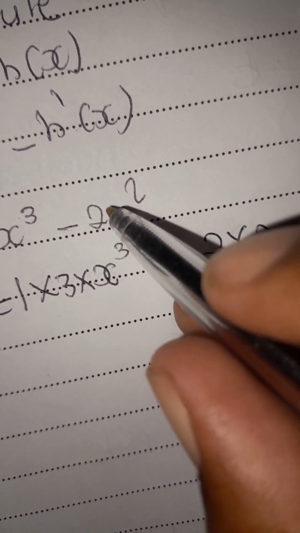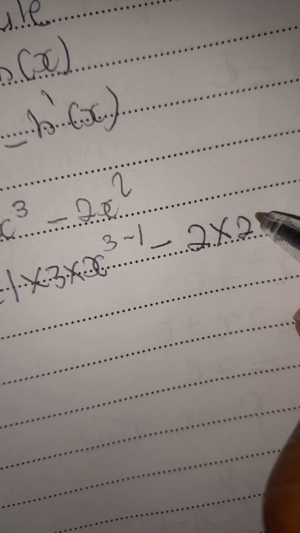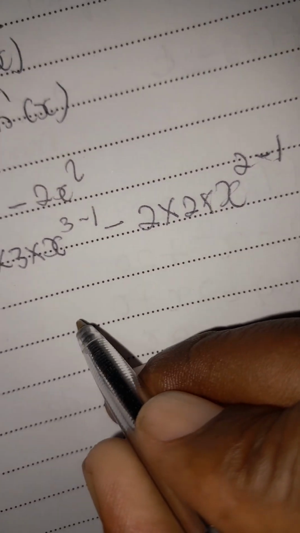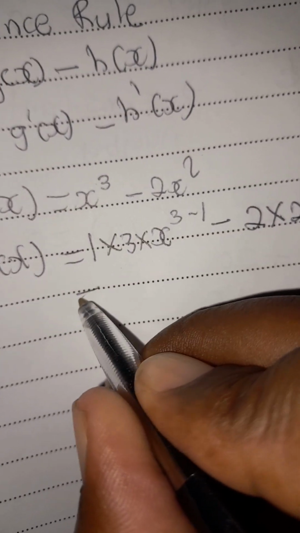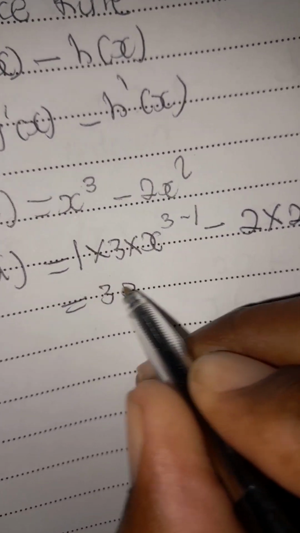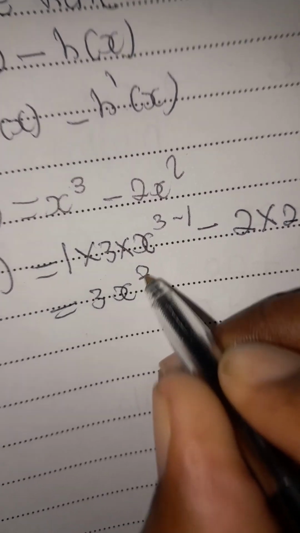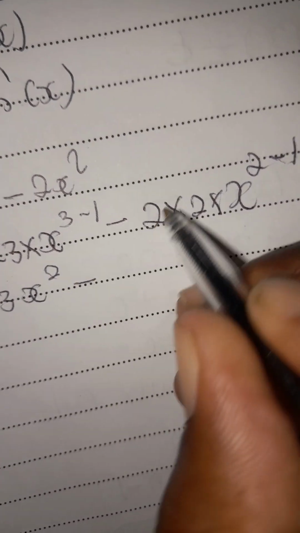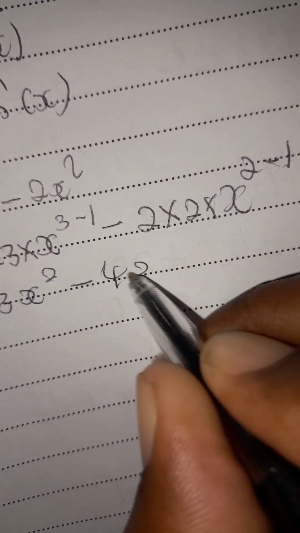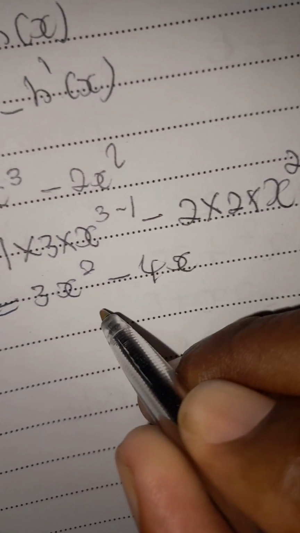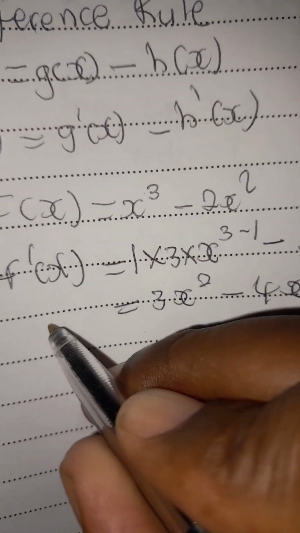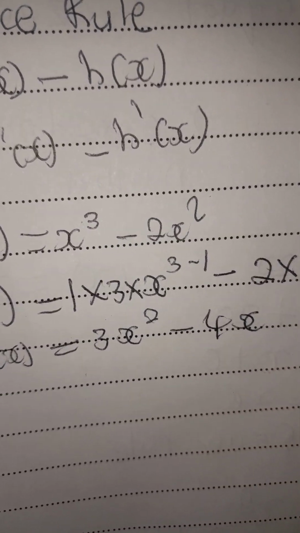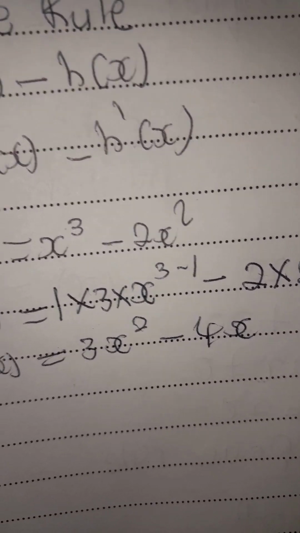Remember that the coefficient multiplies the power, multiplied by x to the power of 2 subtracted by 1. All right. So what is happening here? 1 times 3 is 3. 3 minus 1 is 2. So the derivative of x cubed is going to be 3x squared. 2 times 2 will be 4. What is 2 minus 1? That will be 1. So we are left with the derivative of f of x, which is equal to 3x squared minus 4x.